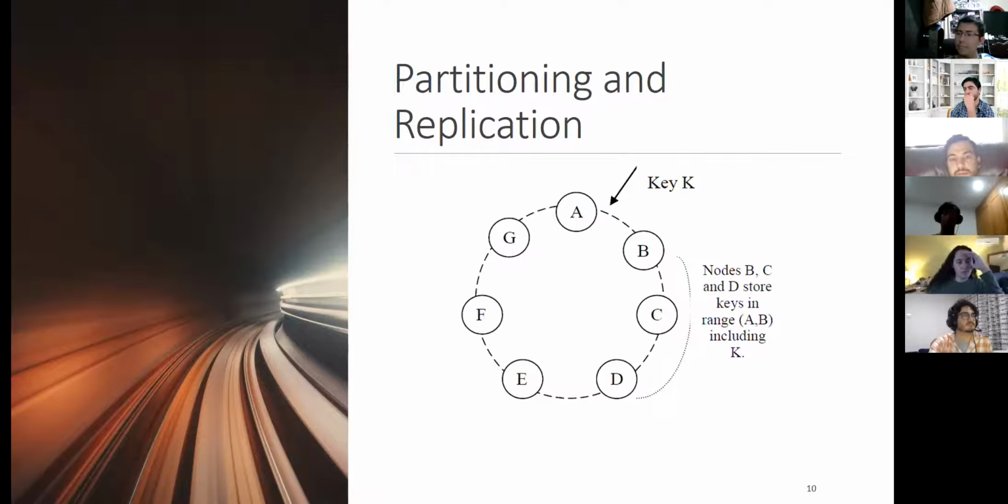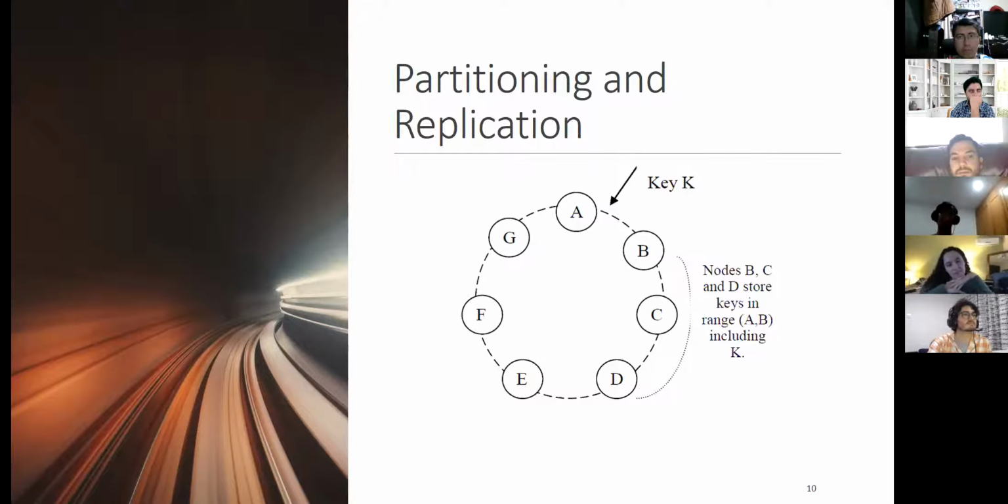So the load is distributed evenly. And the number of virtual nodes that a node is responsible for can be decided based on its capacity, which accounts for heterogeneity. So to achieve high availability and durability, Dynamo replicates its data on multiple hosts.